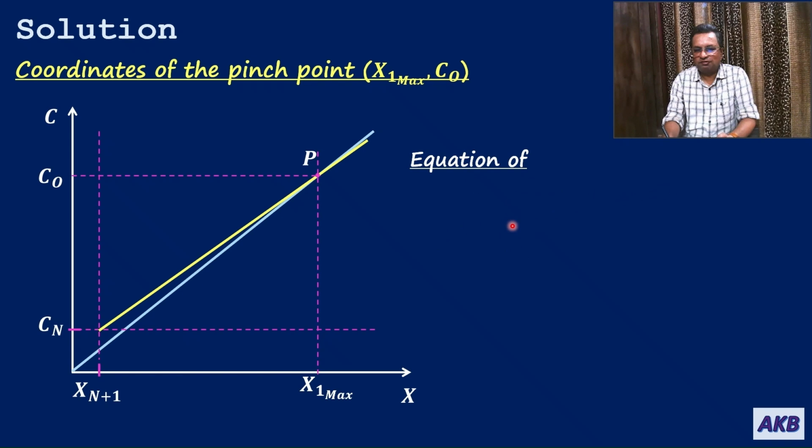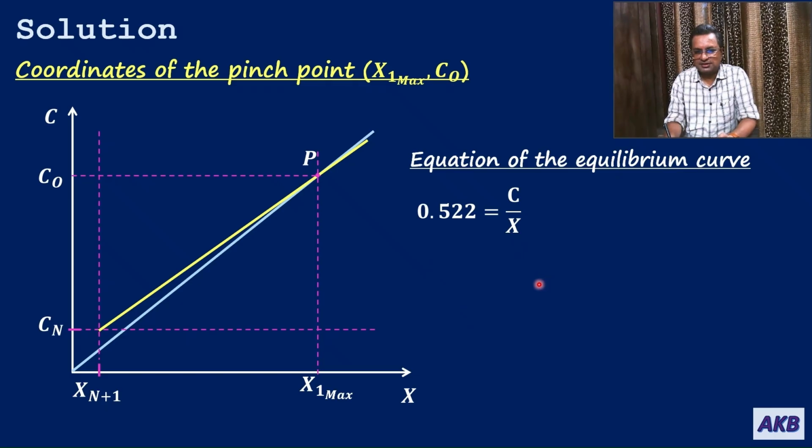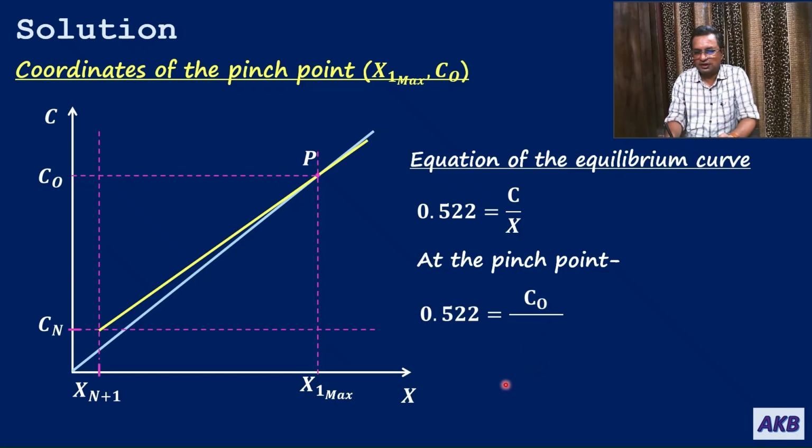Now the equation of the equilibrium curve is 0.522 is equal to capital C upon capital X. At the pinch point, the equilibrium curve contains the pinch point, so the pinch point should satisfy this equation. So 0.522 is equal to C0 upon X1 max. Very simple. C0 is known to us, you just have to get X1 max.